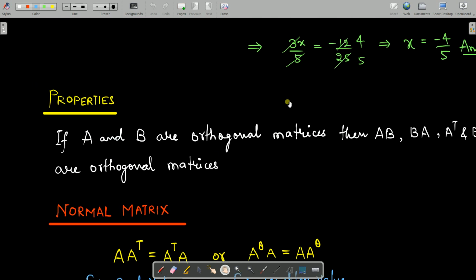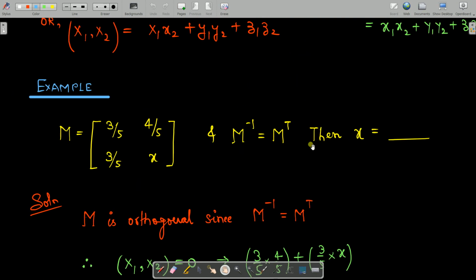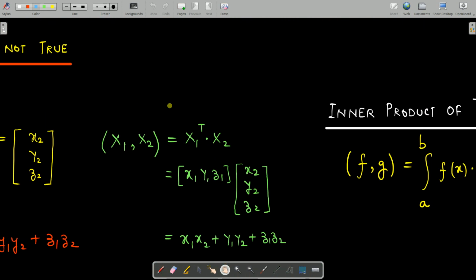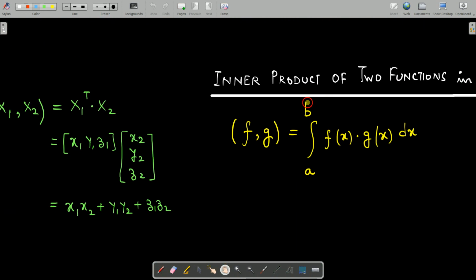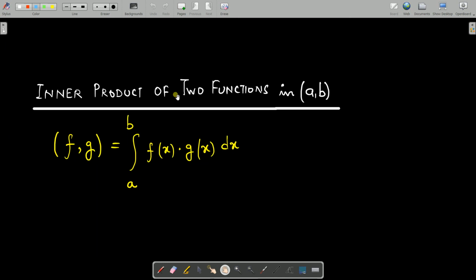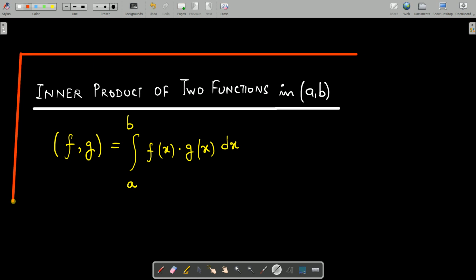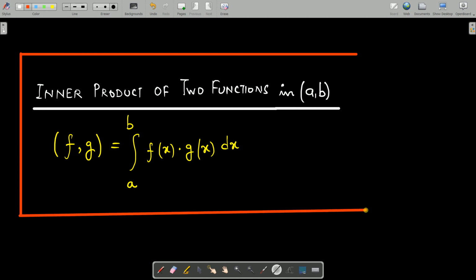Fine. So these were some important things related to orthogonal matrices. Moreover, sometimes they will give some functions and ask you to find the inner product. So one extra piece of information I am giving you: if there are two functions f and g, and they ask you to calculate the inner product in an interval a to b, then you can simply find the integration.